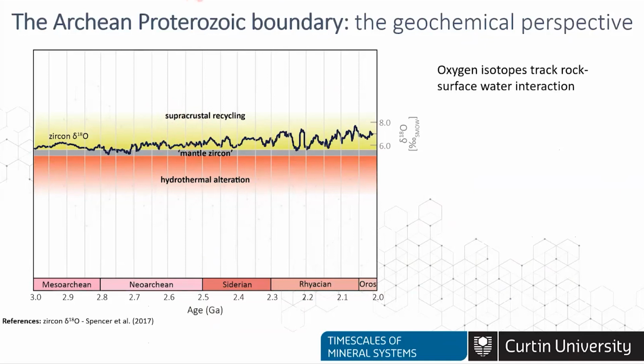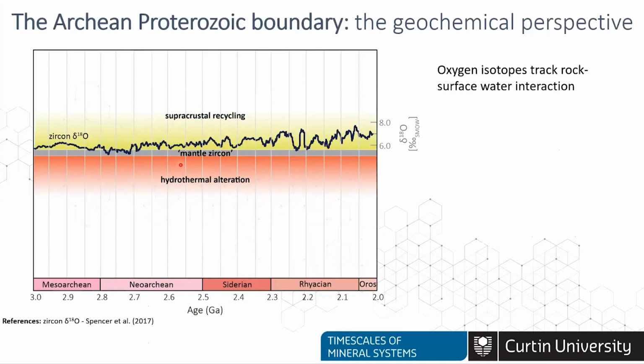And then in contrast, delta 18O values below the mantle value are less commonly observed, but they do exist. They are interpreted to reflect hydrothermal alteration. So the most prominent examples are from caldera environments. Yellowstone, for example, is very well known for producing low delta 18O magmas.